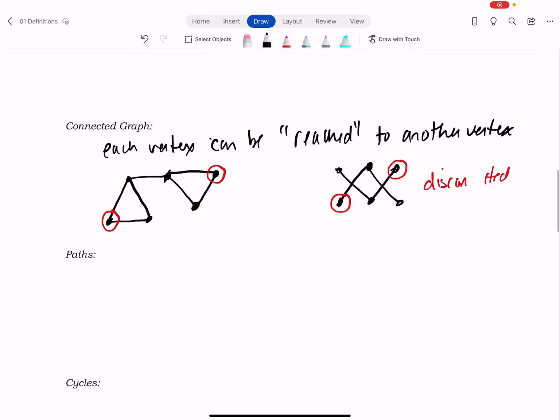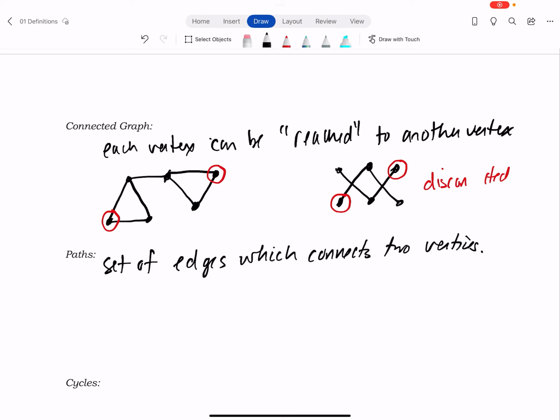Okay, a path is a set of edges which connects two vertices. So if you wanted to redefine a connected graph, every pair of vertices has a path, at least one, between them.